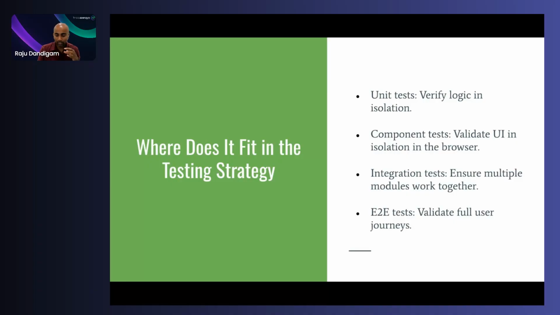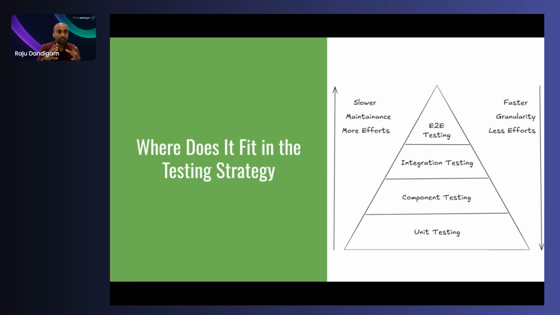So component testing sits in the middle and works as a bridge to balance the entire testing strategy. This also keeps our testing fast, reliable, and maintainable as the system grows.